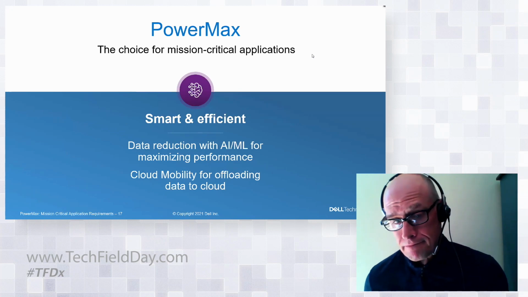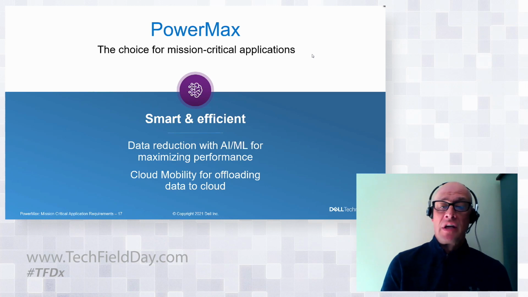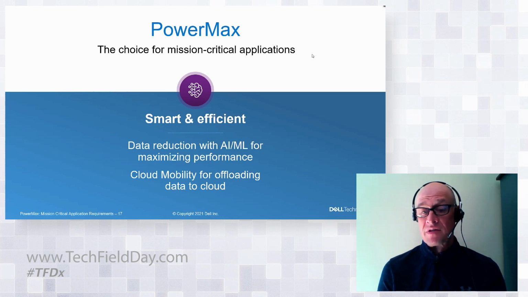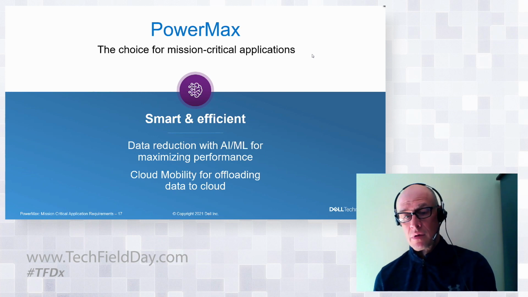Smart and efficient. Whether it be utilizing an artificial intelligence machine learning engine to maximize the performance while still giving you the capacity utilization effects of data reduction on the array. And just as important is offloading retired data sets or older snapshots to a cloud to lower my TCO of my actual storage.